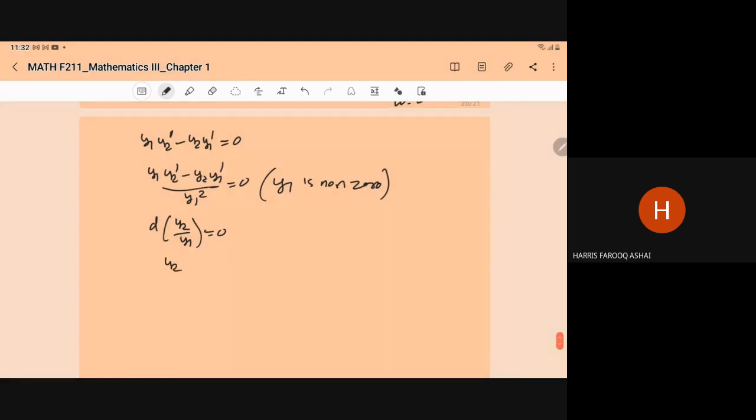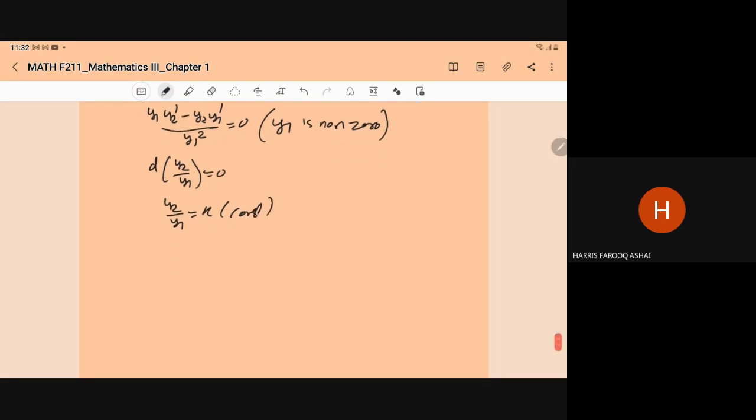It means y2 upon y1 will be a constant k, or you can say y2 is equal to k y1. So y2 is a constant multiple of y1 in the interval c comma d, and y2 dash will be k y1 dash.